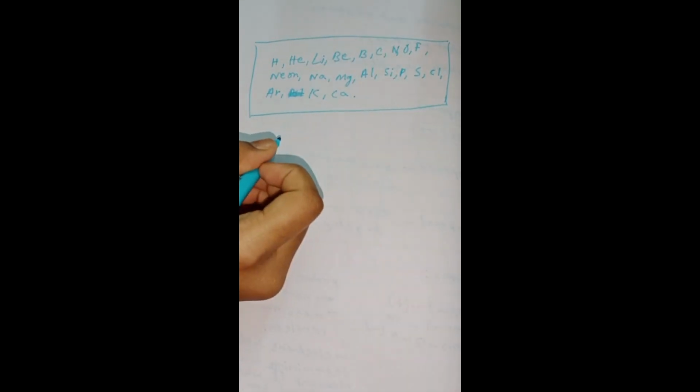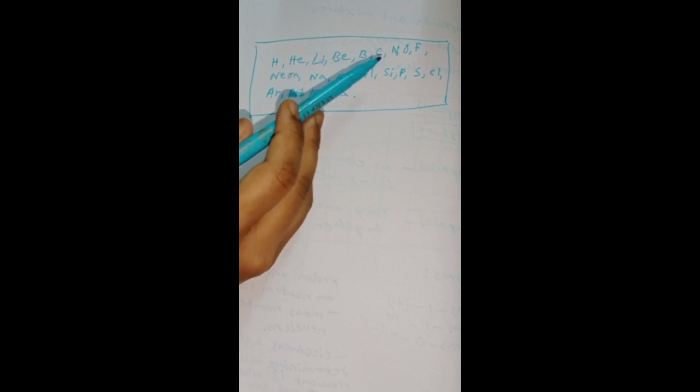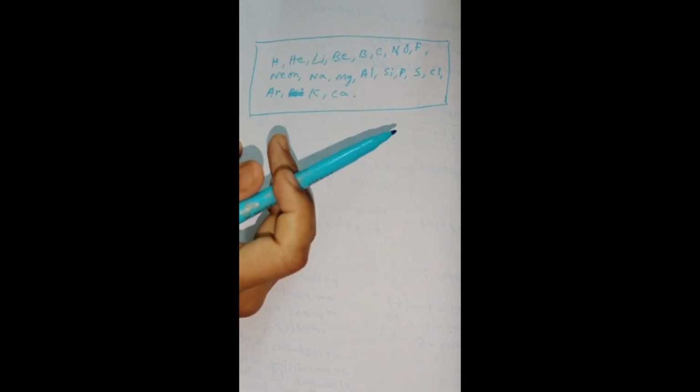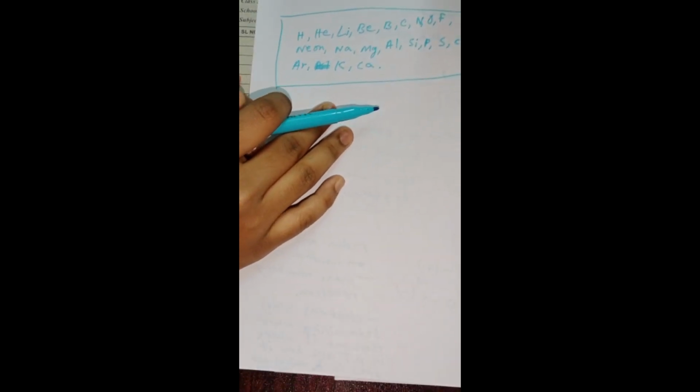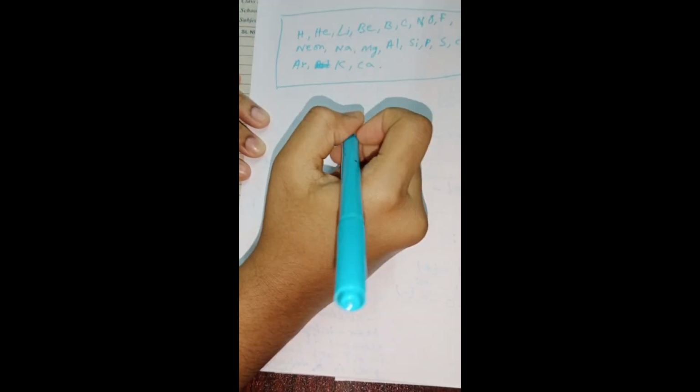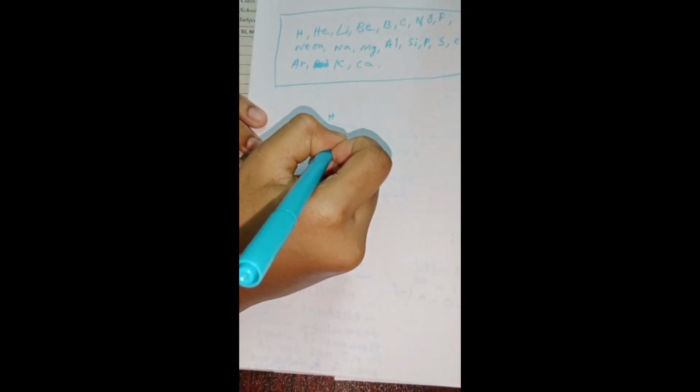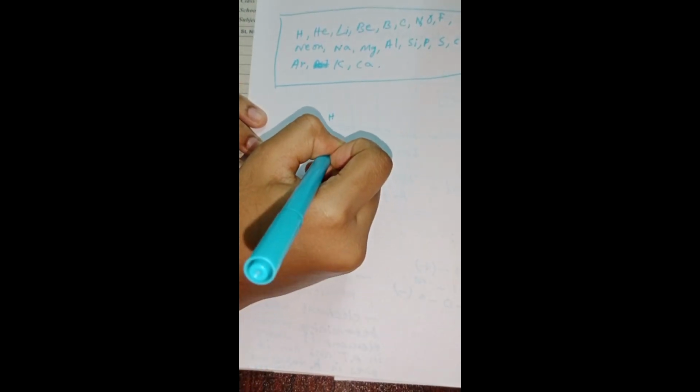So in order to know its position, each of these elements have different electronic configuration, which means the electrons are arranged according to the number of electrons that it has. So let's go with hydrogen. Now hydrogen is a bit weird because it only has one electron.